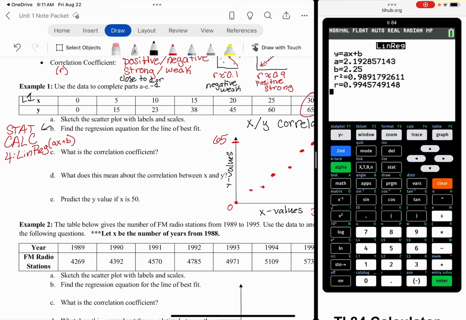So for our answer, we're going to write y equals 2.1929, and for this, we're going to round to 4 decimal places. So whenever you need to round, round to 4 decimal places when possible. Don't forget the x, then plus our b value, 2.25.